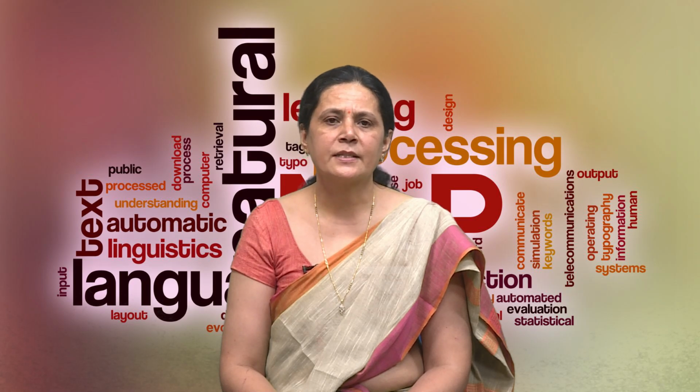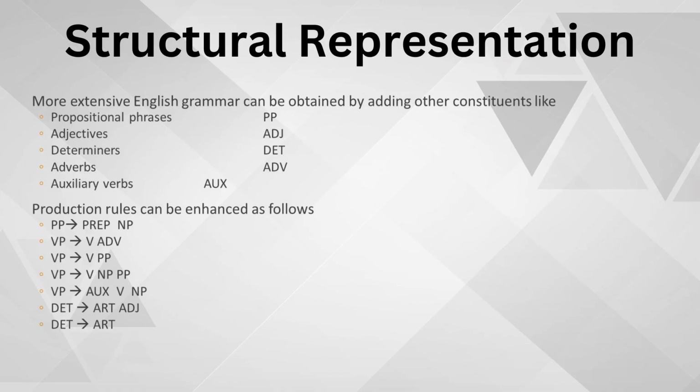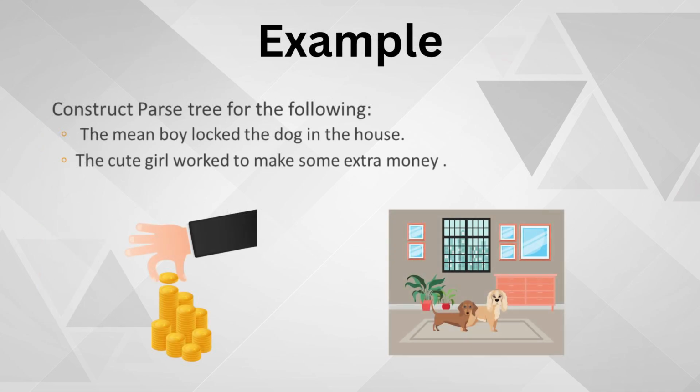Some additional structural representations are given here, like rules for the prepositional phrase, the adjectives, the determiners, the adverbs and auxiliary verbs, and the production rules related to them are given in the slide. For example, the mean boy locked the dog in the house, and the remaining two examples, all these sentences follow the form that a sentence is made up of a noun phrase, a verb phrase followed by a prepositional phrase.